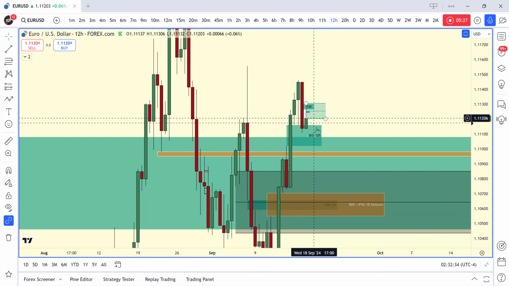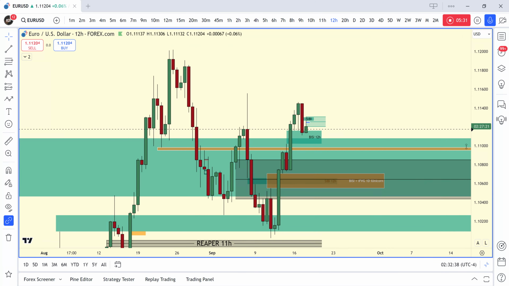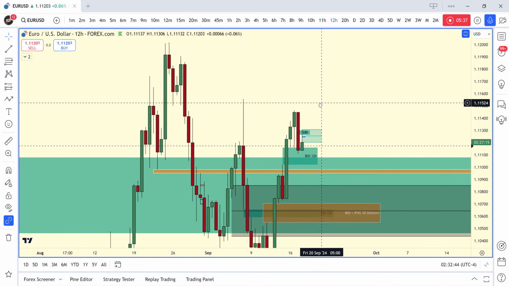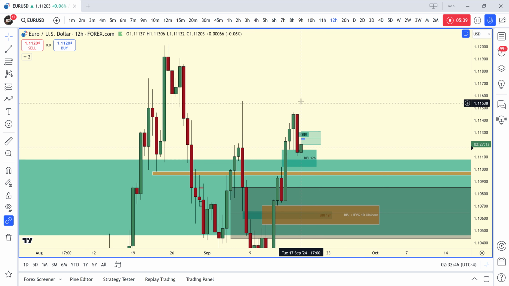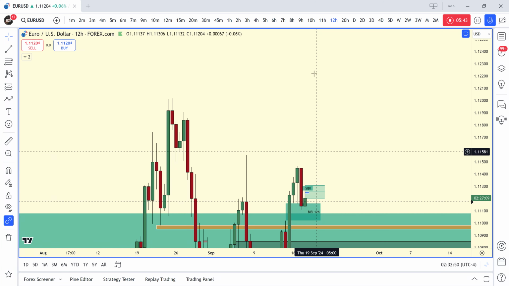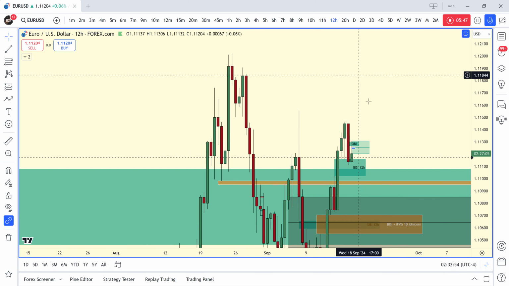I would expect maybe a bit lower prices with such a displacement down. If it went up from here, you have to imagine a green candle, and that would be really bullish if the 12-hour closes here. And then I'd be very confident in taking that breaker higher above these highs.